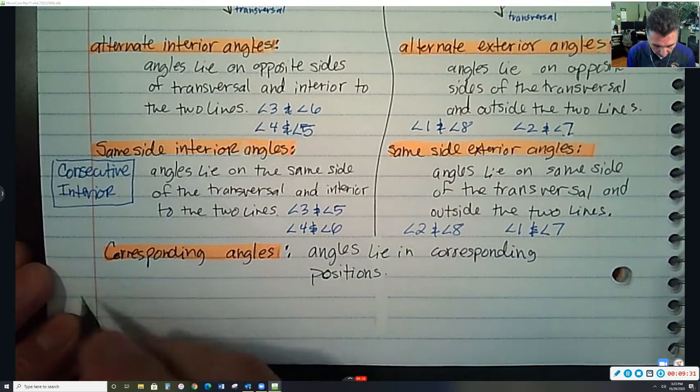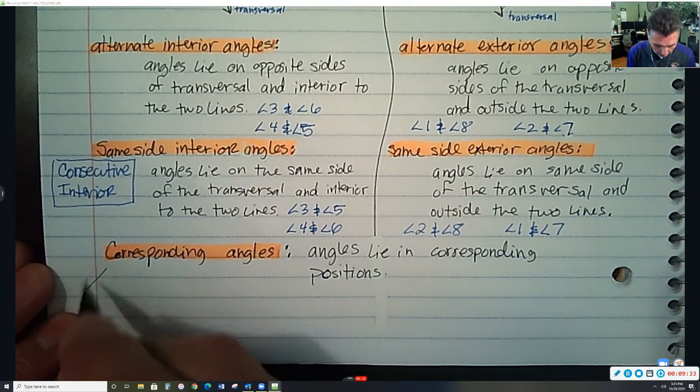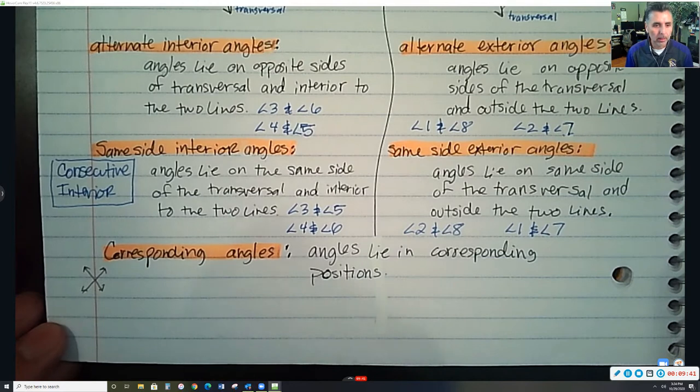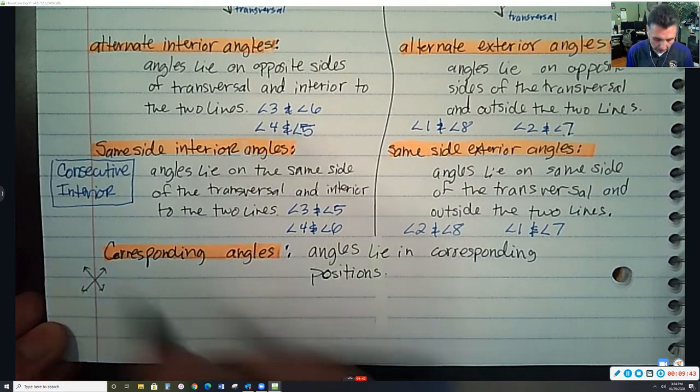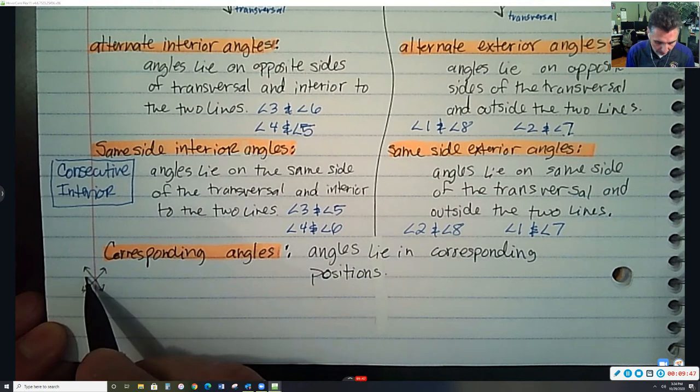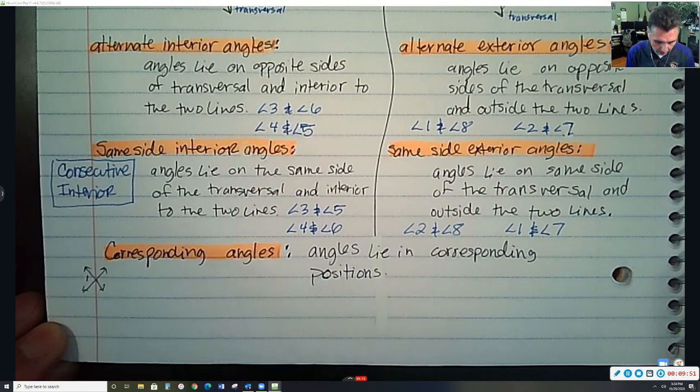Because I always like to go back to our angles that are like this, right? Now imagine let's say this is angle 1. Okay, so that's over here.